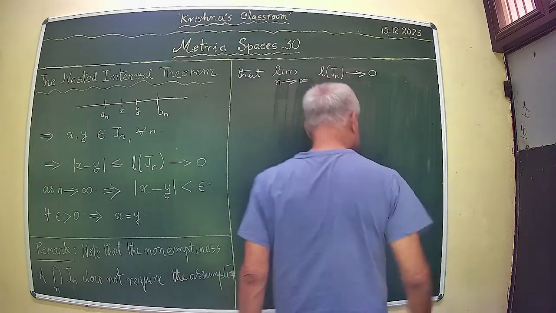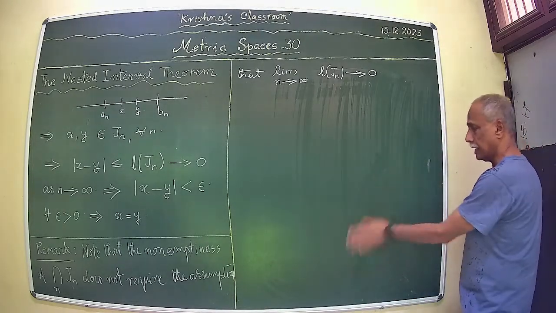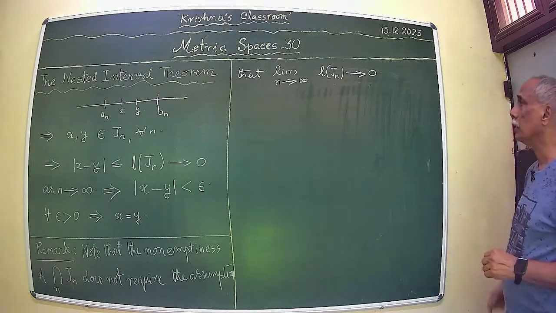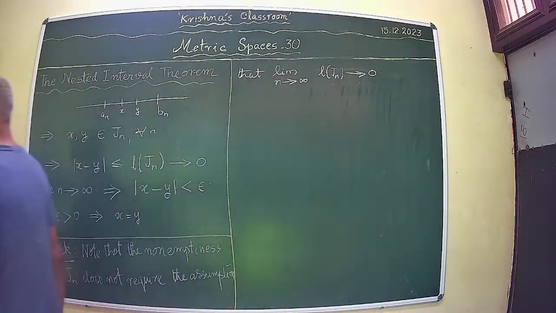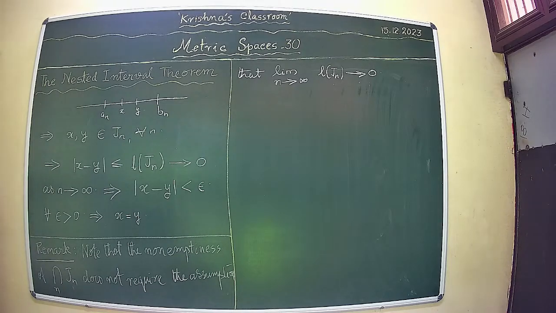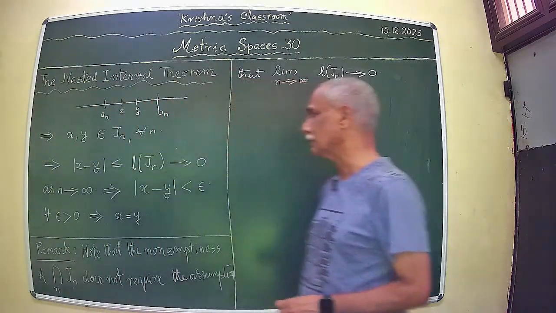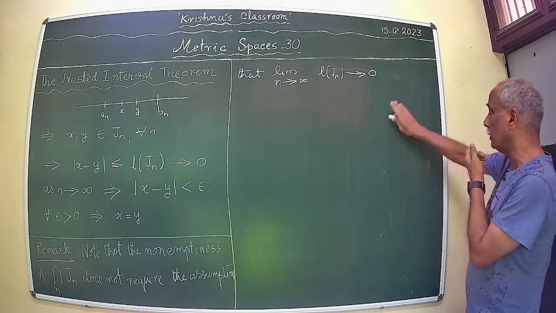We are not using it at all except in the second part of the theorem. Now in such a case, you have a unique point, a singleton point, that belongs to the intersection. Okay, so this is something worthwhile to know.